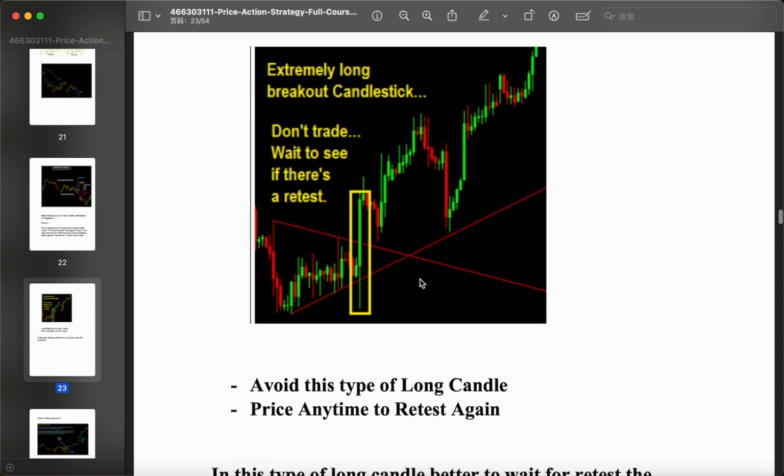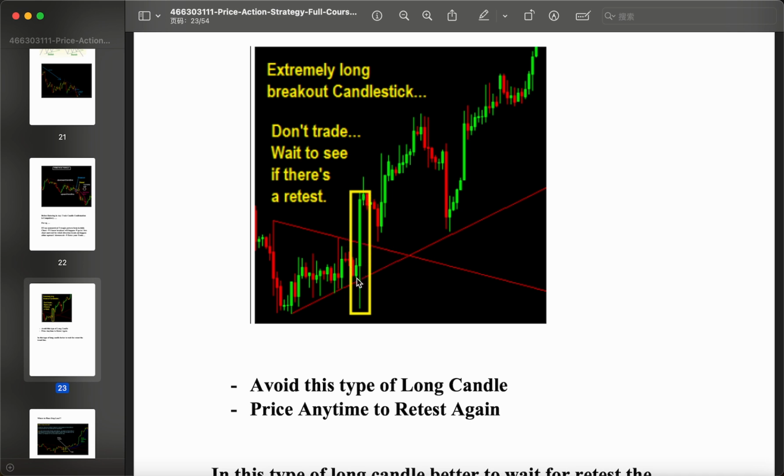Okay, here let's look at the next slide. This is an extremely long breakout candlestick. The most important part is that you do not trade here, because you want to see if this is actually a real breakout, because sometimes it doesn't really break out.